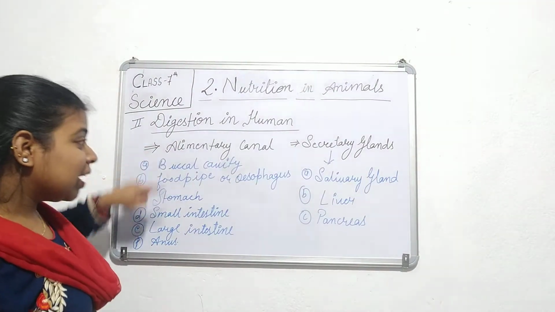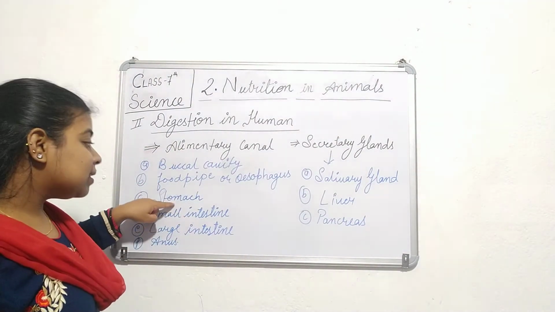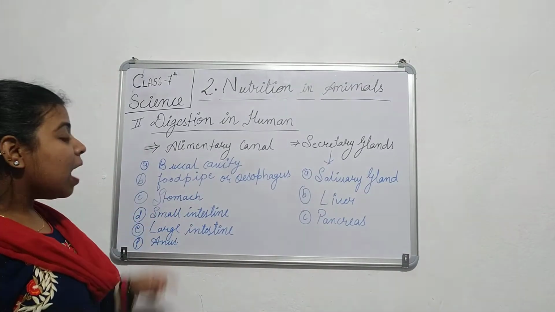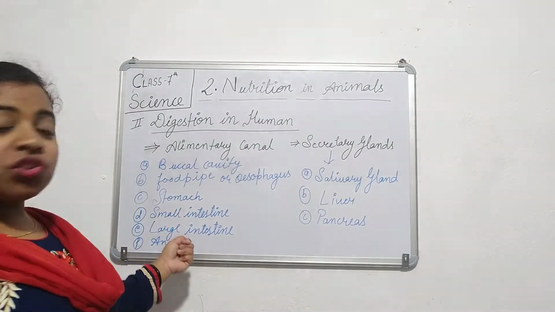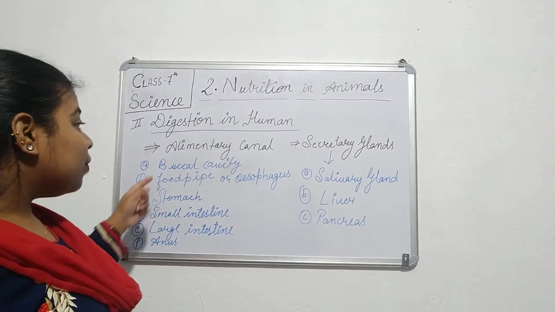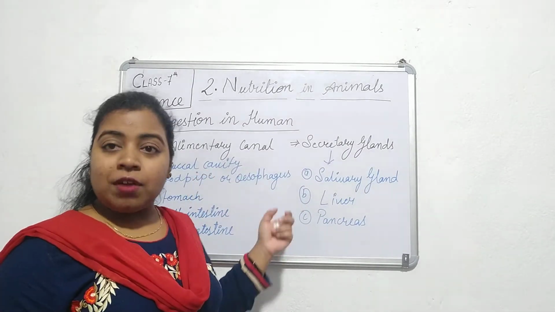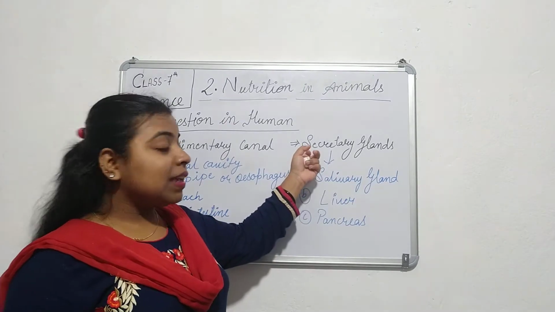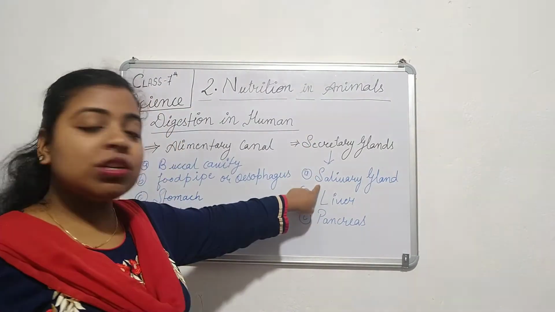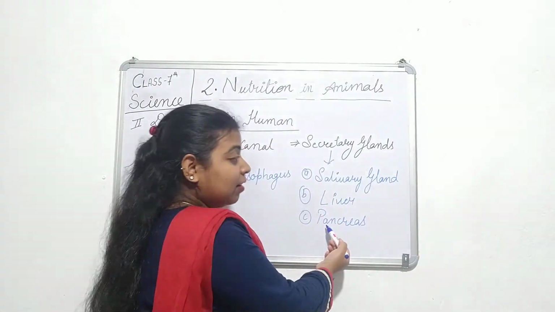In the alimentary canal, the buccal cavity, food pipe or oesophagus, stomach, small intestine, large intestine and anus are the parts which perform the function of digestion. One by one I will tell you which part performs what function. Secretory glands are the salivary gland, which is in our mouth, the liver, and then the pancreas.